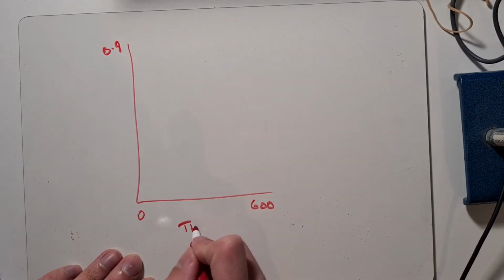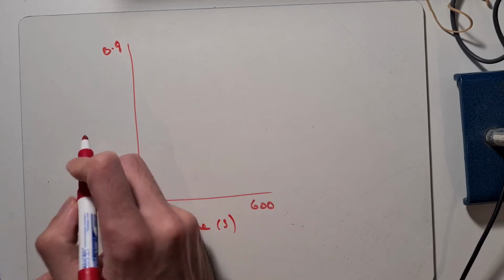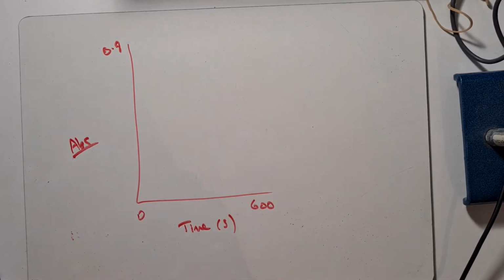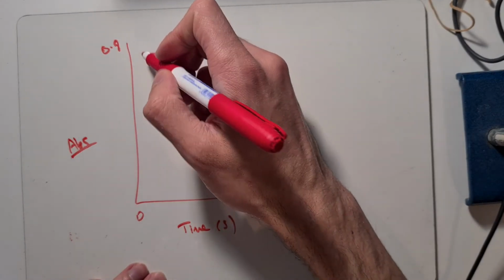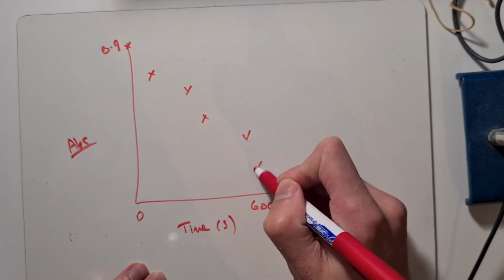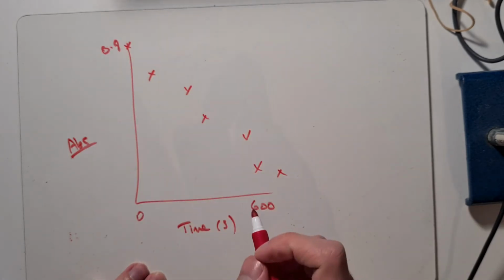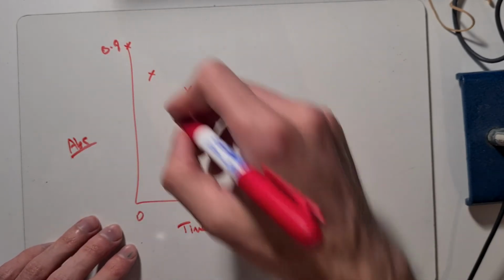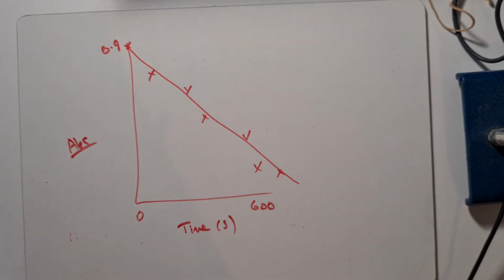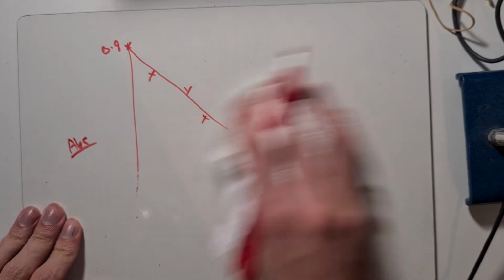This is time in seconds, and here we've got our absorbance, which doesn't need any units. Then you plotted your points. If you plotted them all correctly, you got a mark. And your third mark was for having a straight line of best fit. So that was generally quite an easy 3 marks there.